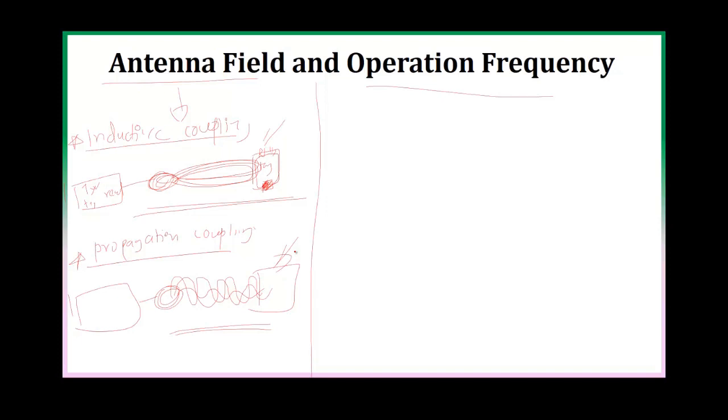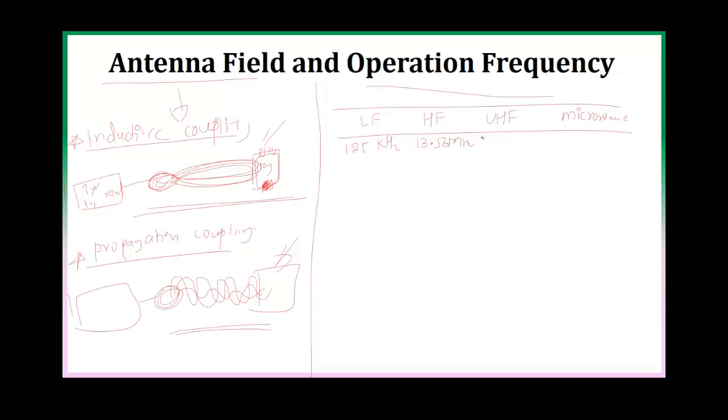I have divided it into four different frequencies: low frequency, high frequency, ultra high frequency, and microwave frequency. Low frequency means 125 kilohertz, and high frequency is 13.56 megahertz.